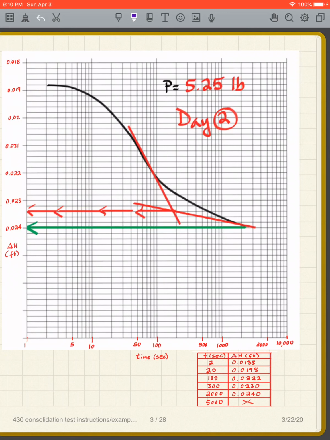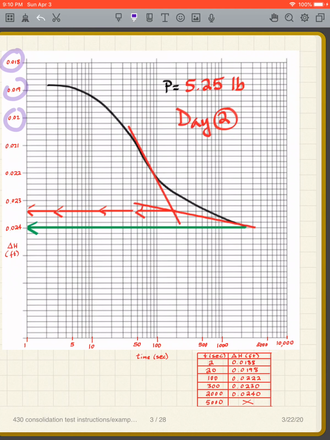And then my bottom point, in this particular case, we stopped at 2,000 seconds, is 0.024. So I start at 0.018 here, and then I need to go to 0.024. If I space it out at 1, this is 0.018, 0.019, 0.02, 0.021, 0.022, 0.023, then this becomes 0.024.